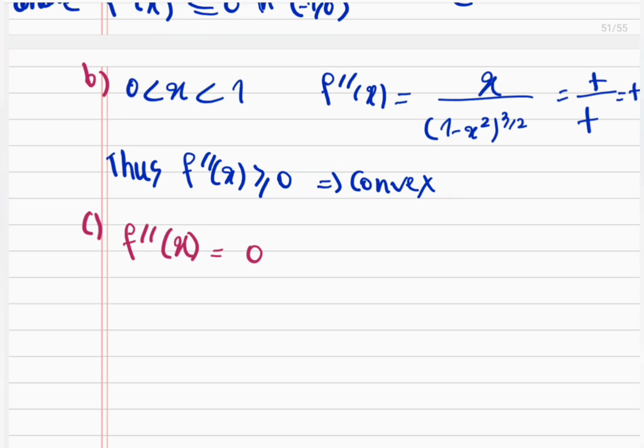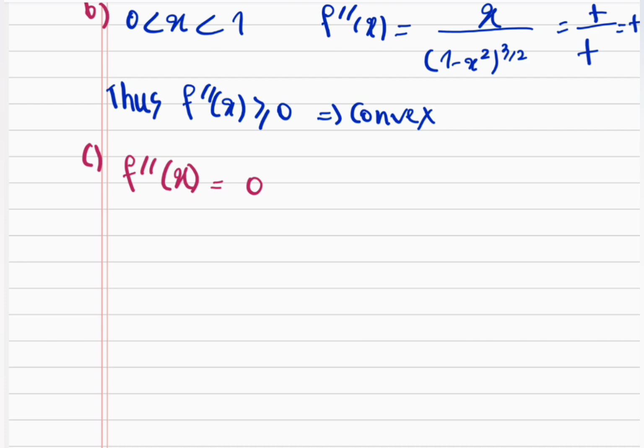This is the first equation that we need to solve. By solving this, we'll get a value for x, and then we use that value of x to check the second condition. If the second condition is satisfied, then we can conclude that that's the point of inflection. Of course, we then need to substitute the value of x into the function to get the y coordinate, but I'm going to show you how.